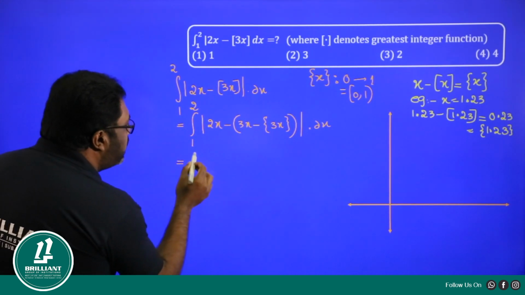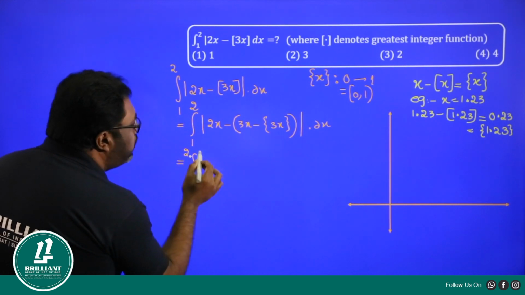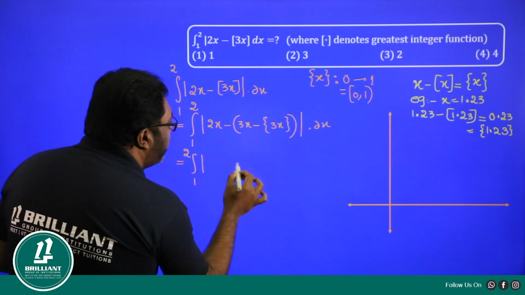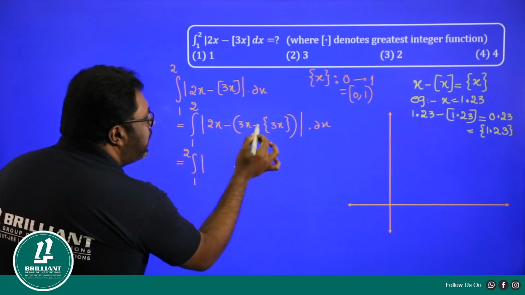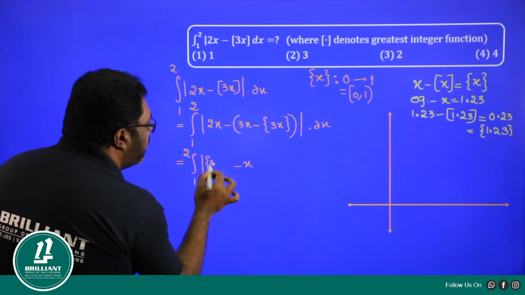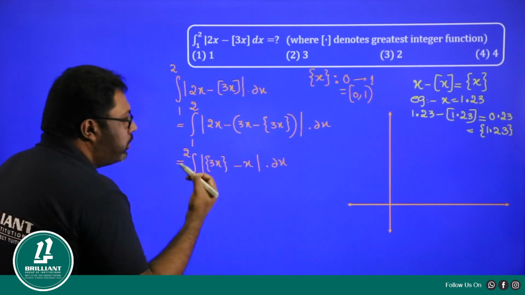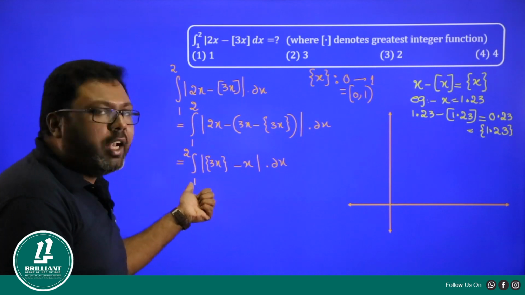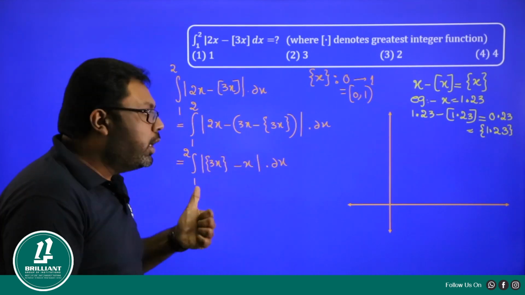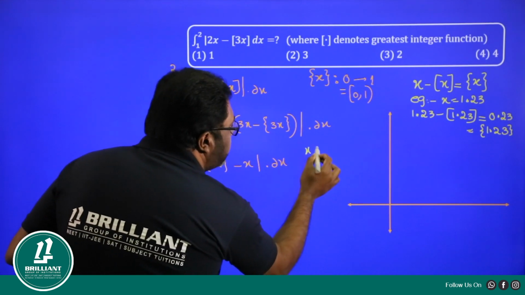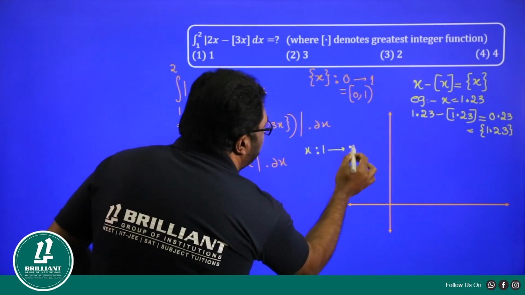So this is going to be 2x minus 3x. Okay. So this expression can now be written as integral 1 to 2 modulus of 2x minus 3x would be minus x, and minus of minus is plus fractional part of 3x. Okay. Now, you can see from the limits, it is from 1 to 2. The value of x ranges from 1 to 2.